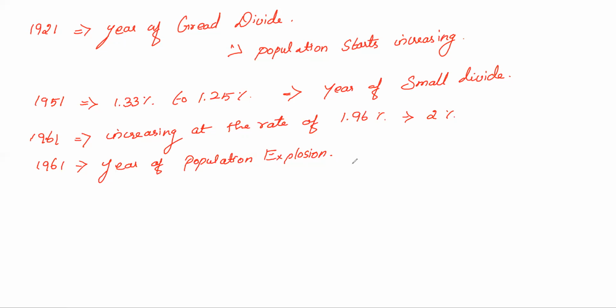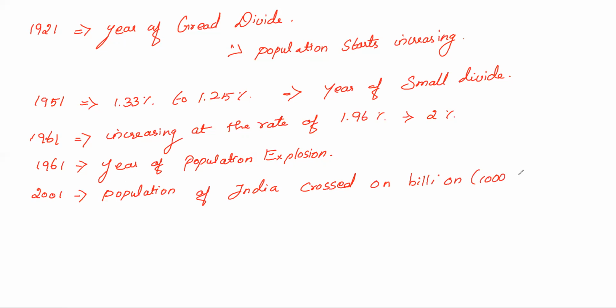That's all. So next, in the year 2001, population of India crossed 1 billion. I think the 1000 million mark.